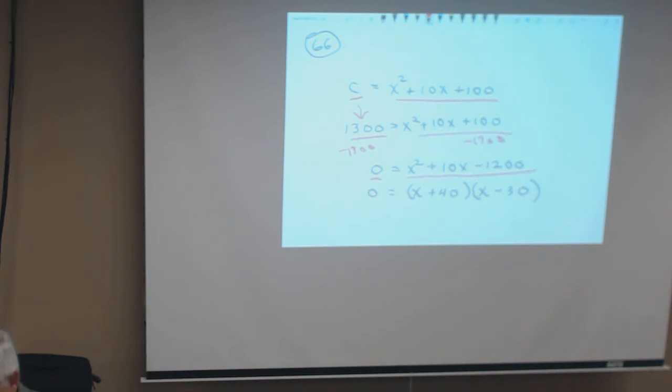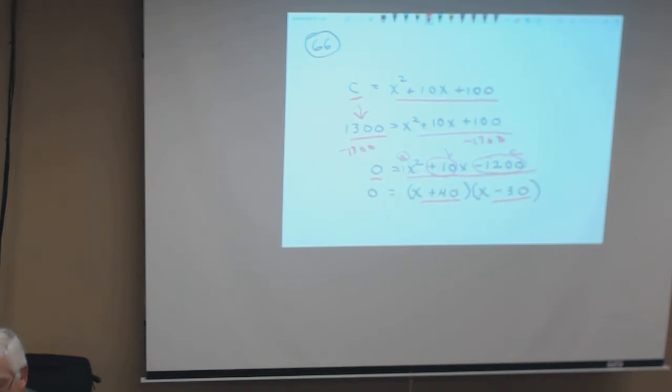And see, you could plug in 1 is A, 10 is B, and negative 1,200 is C. But when I look at 1,200 and I see 10 and that's negative, I'm going, oh, that's x plus 40 times x minus 30.